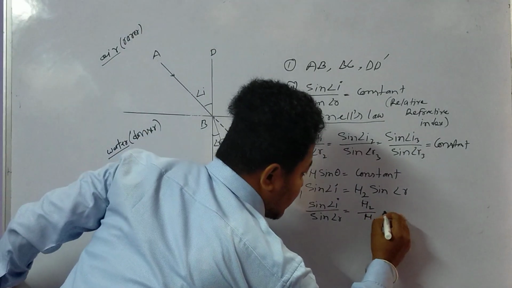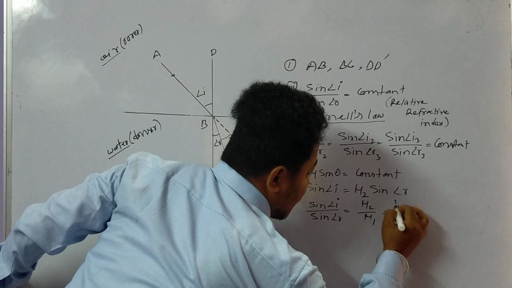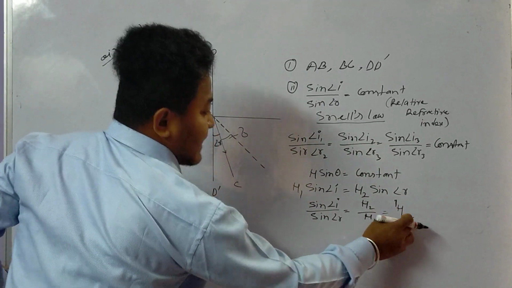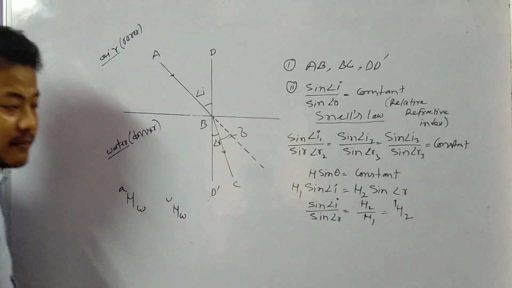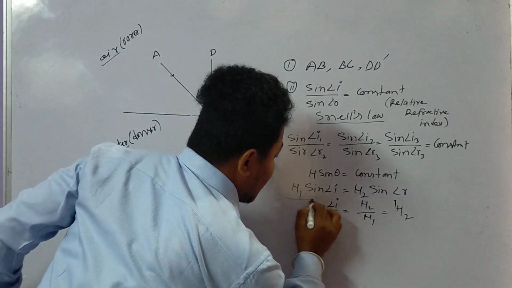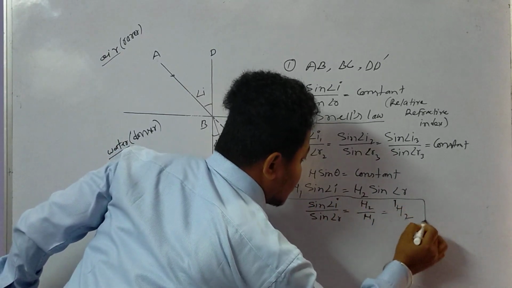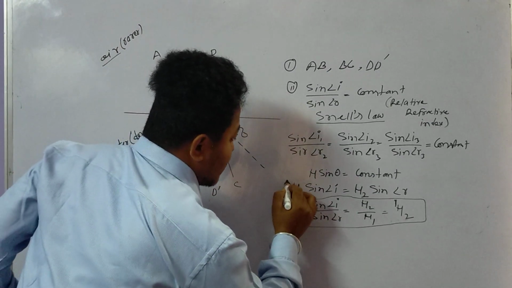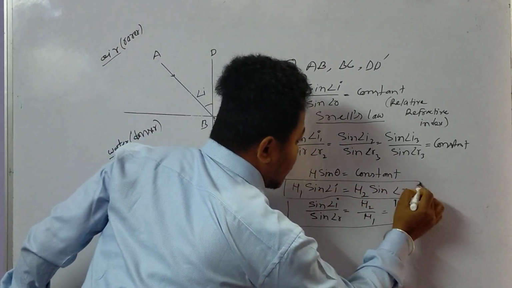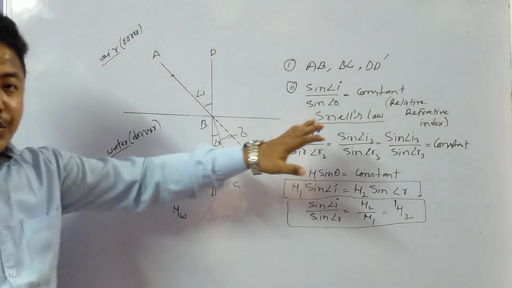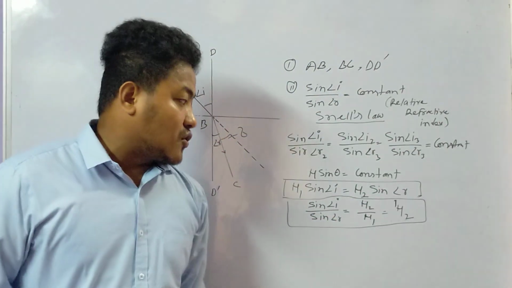This can also be written as mu2 of 1. Understand now? You can write the Snell's law like this, or you can write it this way also. You can write any one of them. I am just giving the concept of it. This is Snell's law.